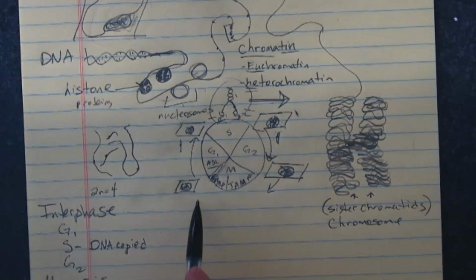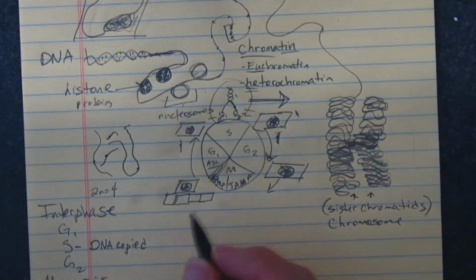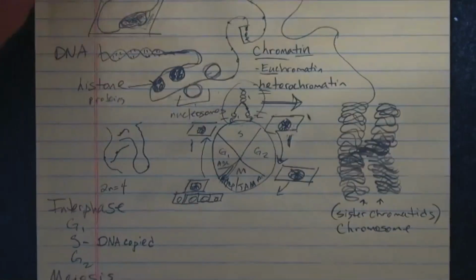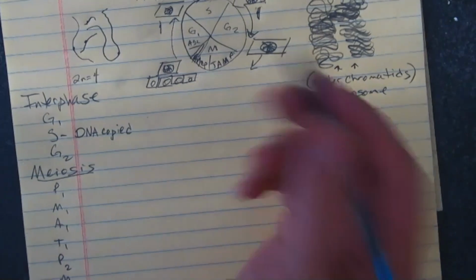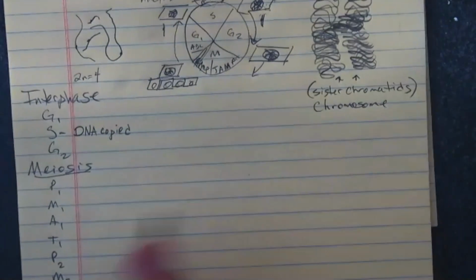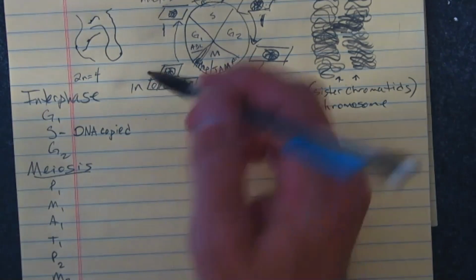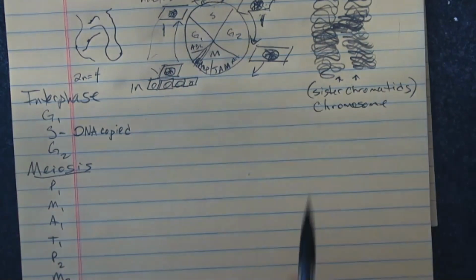Such that by the end, you're going to have four, right, brand new. I usually do this with mitosis, but it can be used to illustrate meiosis as well. But you're going to have four haploid. Of course, this goes on to fertilization and then grows and enters into its own cell cycle.